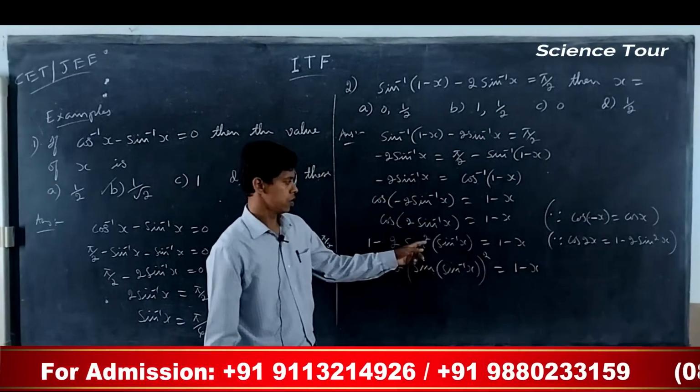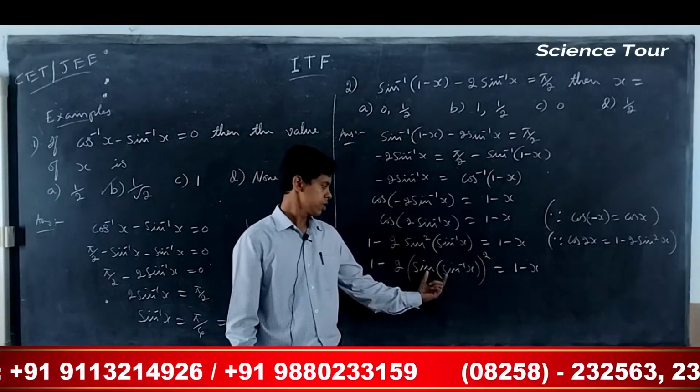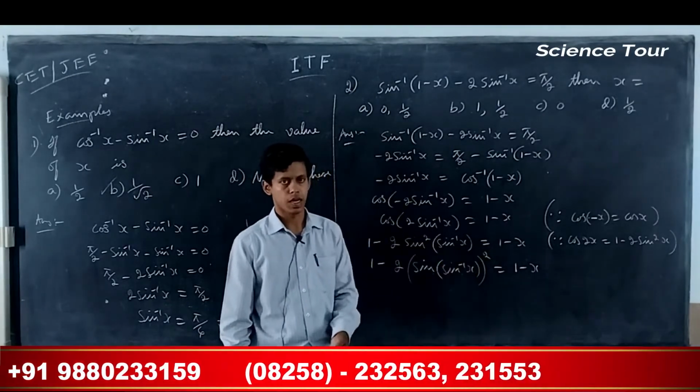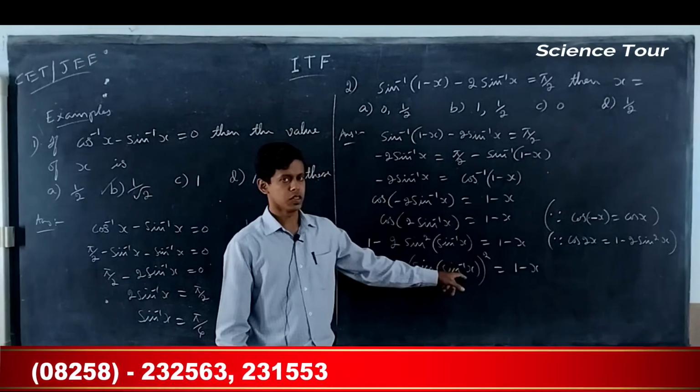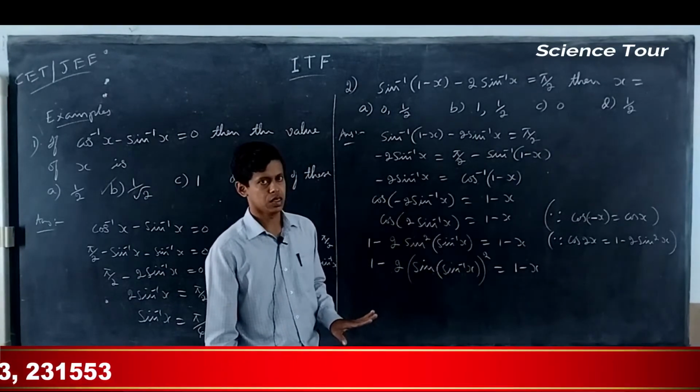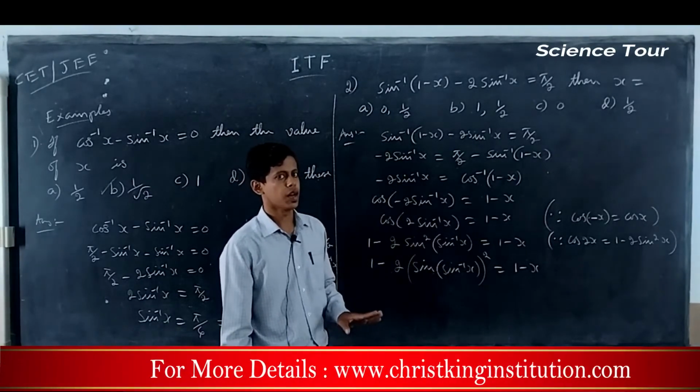So sine square I have written as sine of sine inverse, whole square. Now, what is sine of sine inverse x? That is only x, for all values between minus 1 and 1.